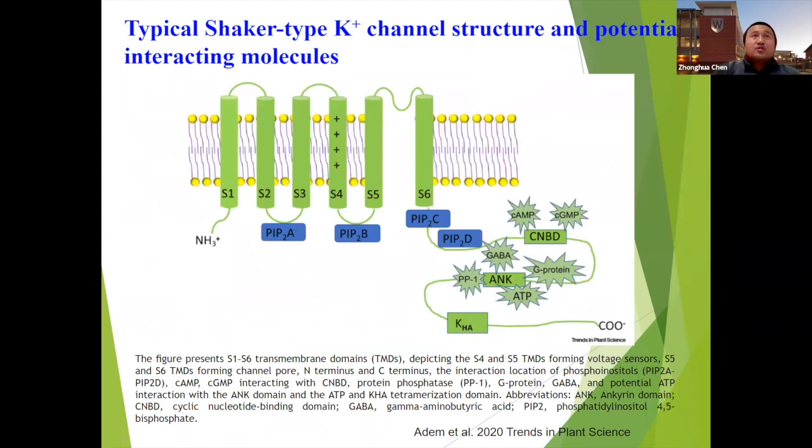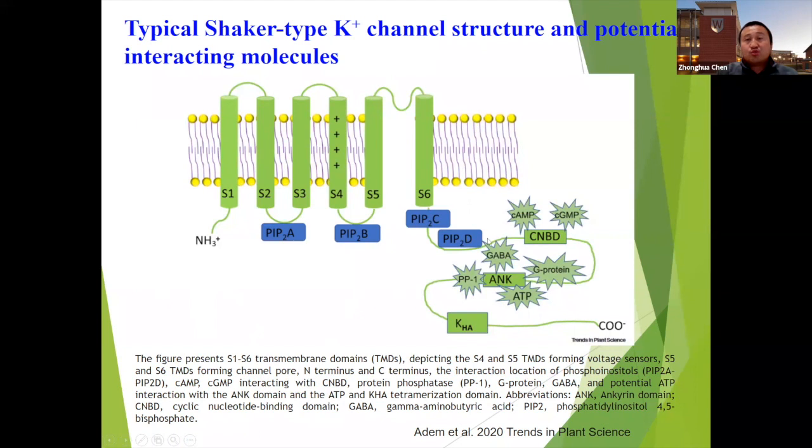Recently, we did some work to identify or propose some of those typical shaker type K channel structures and their potential interacting molecules. Here is just a model showing the 6 transmembrane span domains of the shaker type K channel that can be inward rectified, which would be HvAKT1, HvAKT2, or KAT1, KAT2, or an outward rectified potassium channel, of which the representatives are the GORK channel and SKOR channels.